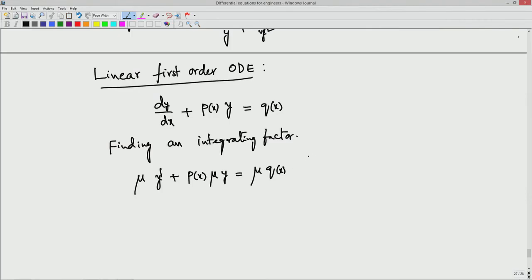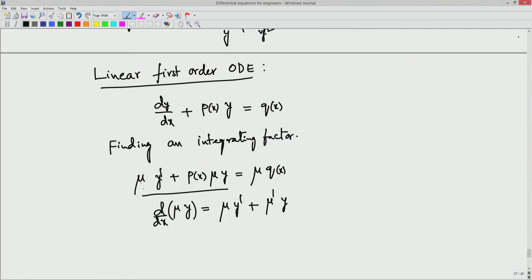If I multiply, I expect the left hand side to take the form of a derivative of mu times y. If I write the left hand side like this, d/dx of (mu y) is mu y' plus y mu'.